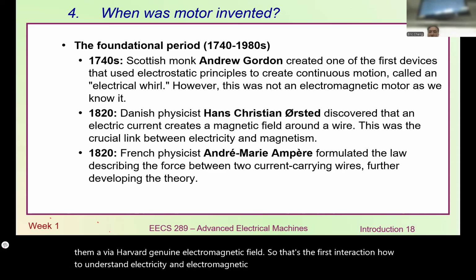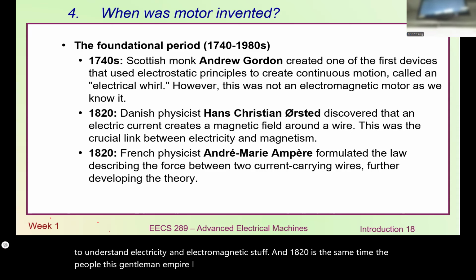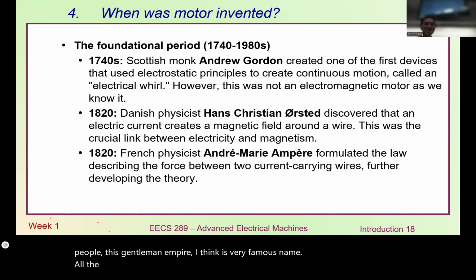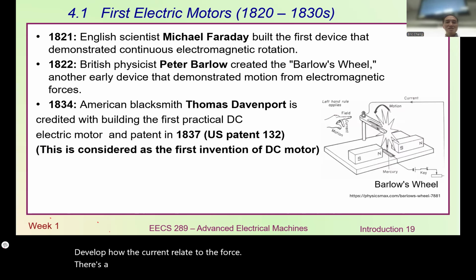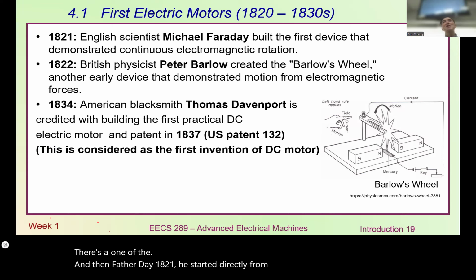And in 1820, at the same time, this gentleman, Ampere, is very famous. The unit of current is named after him, right? Ampere was the scientist who developed how current relates to force. That's one of the marvels. Then Faraday, in 1821, started to develop electromagnetism and basic rotation.